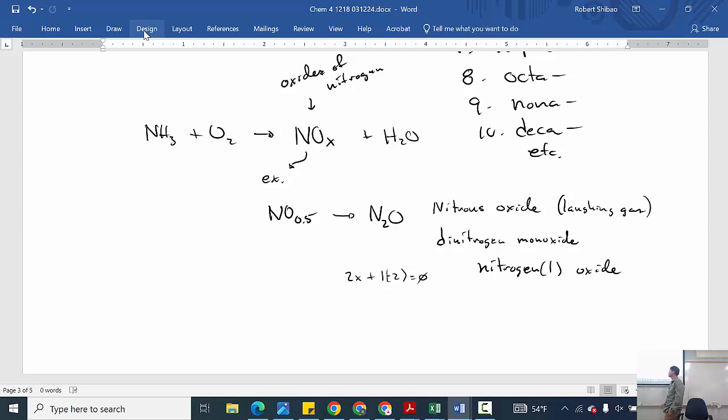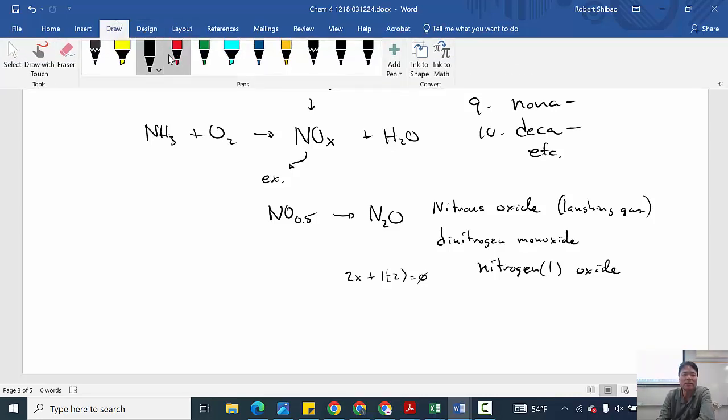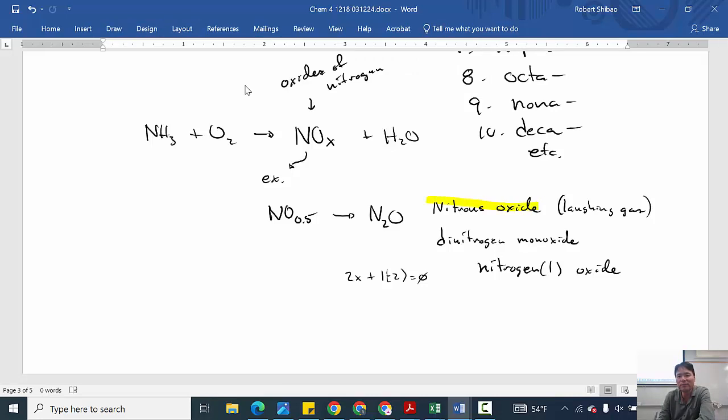Ions are charged. And so compounds always add up to 0. And so here I wouldn't say dinitrogen 1 oxide or dinitrogen 1 monoxide. It's just called nitrogen(I) oxide because I can figure out the ratios based on the charges. But the most common name for this is nitrous oxide.